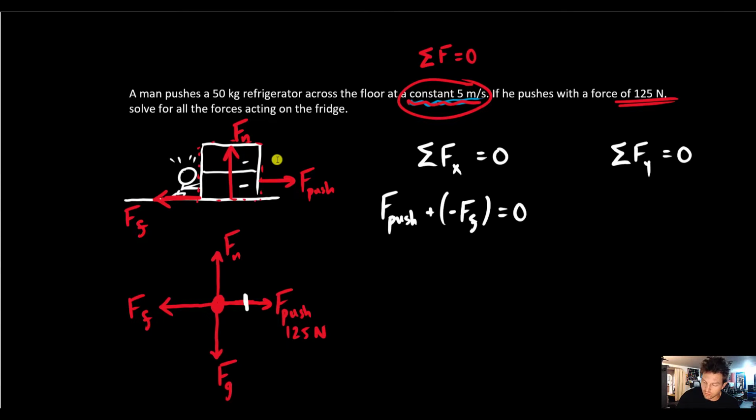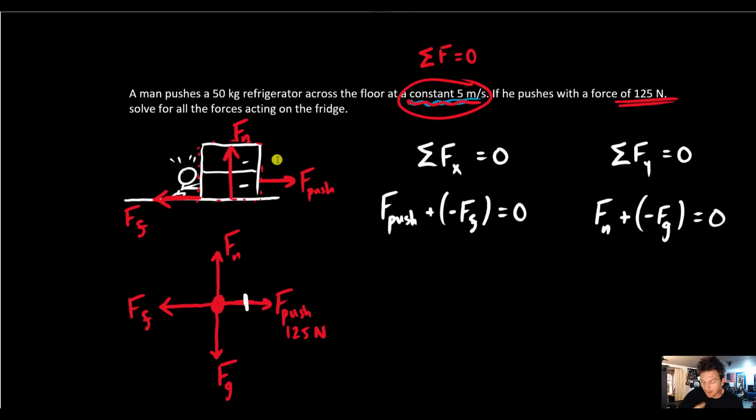The normal force is going up, so it's going to be positive, plus the negative force of gravity, and that also needs to be equal to 0. They're canceling each other out. This is the simple version where we only have 2 forces in each direction, which makes things nice.